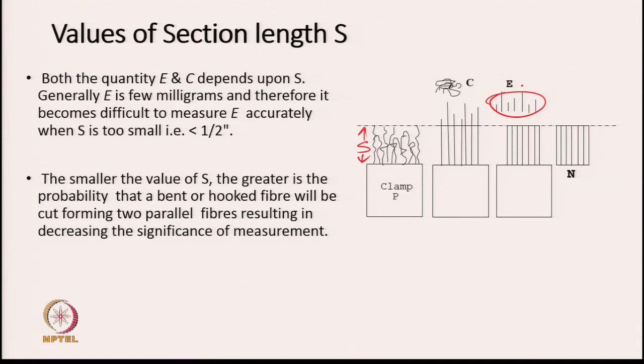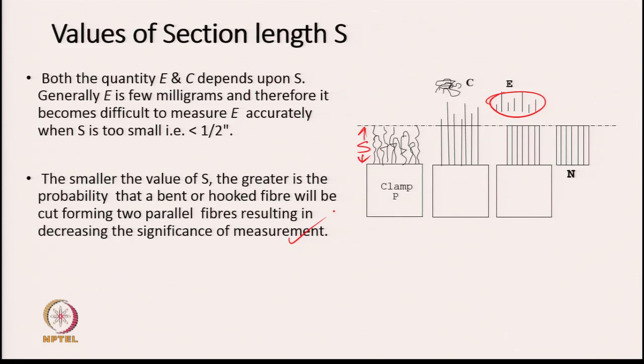The smaller the value of S, the greater is the probability that a bent or hooked fiber will be cut, forming two parallel fibers, resulting in decreasing the significance of the measurement. So, this is the problem, and therefore, we want to make sure that S must be more than half an inch.